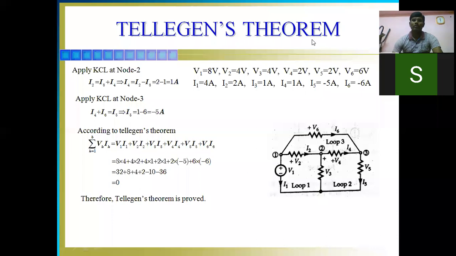So this is the way. You find the current flowing through all branches and the voltage across all branches, take the multiplication of each branch voltage and current, then add them. That should be 0. If you get 0, then the theorem is proved.